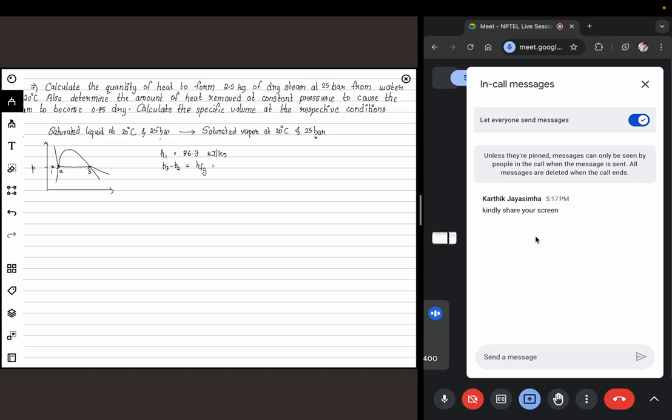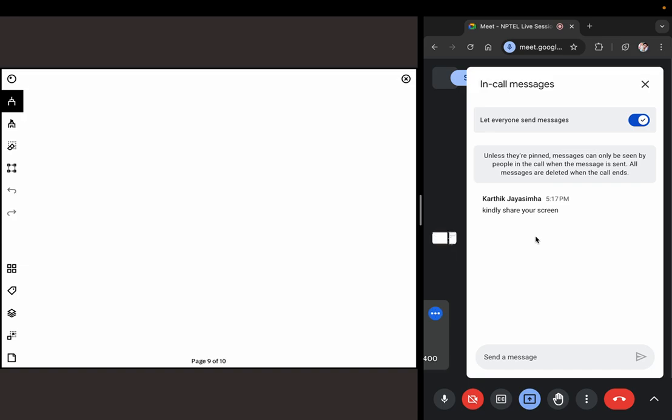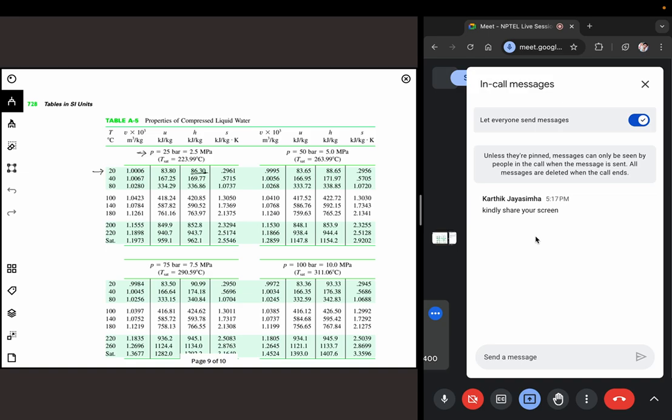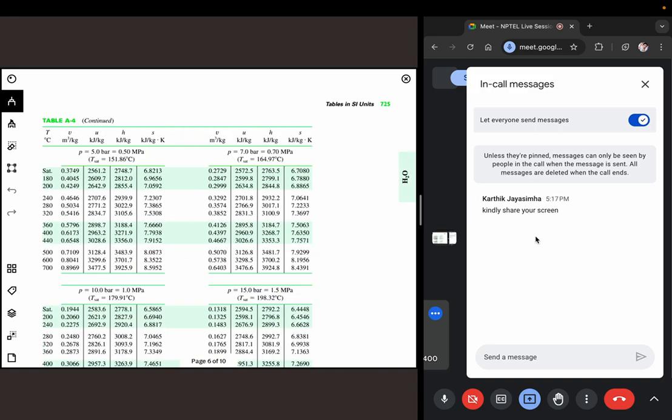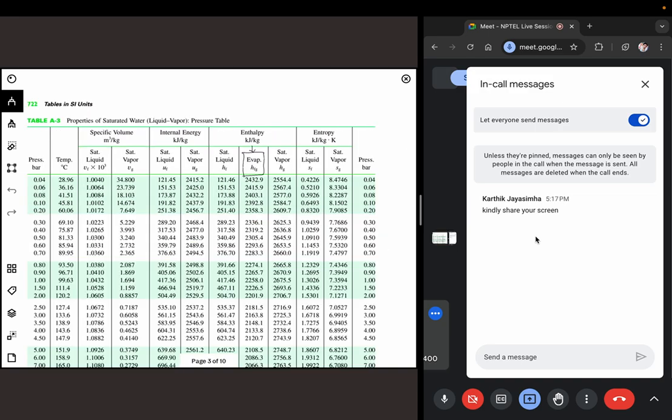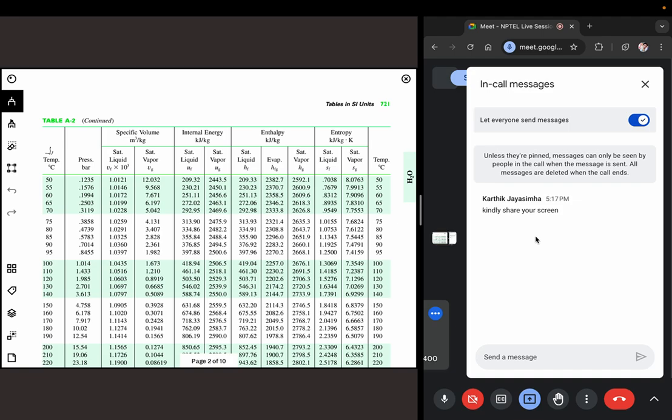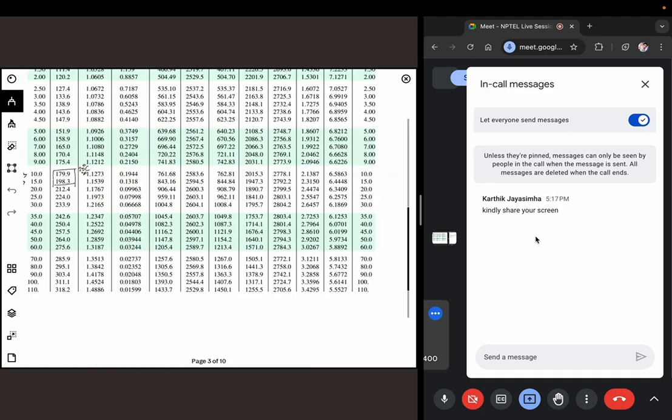So at 25 bar, we can look up the value. So this is the HFG value.